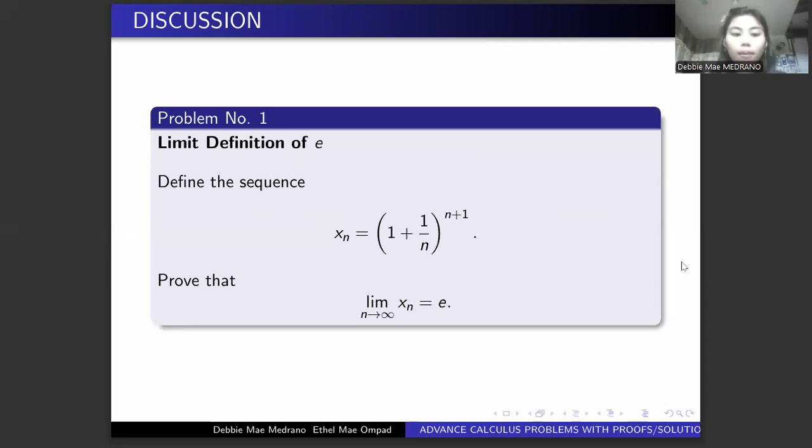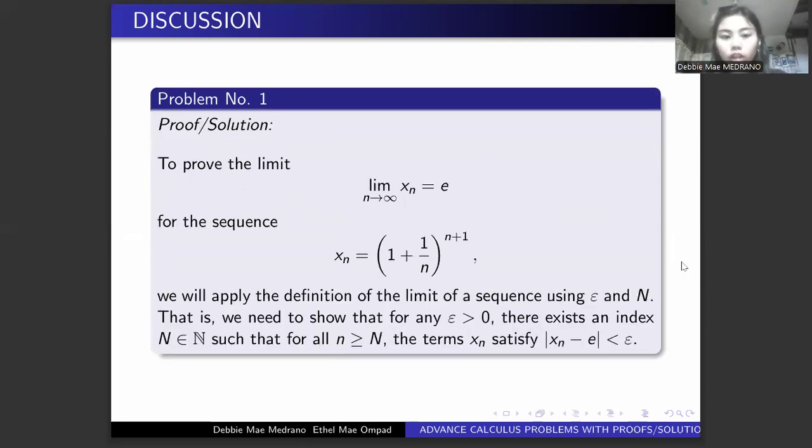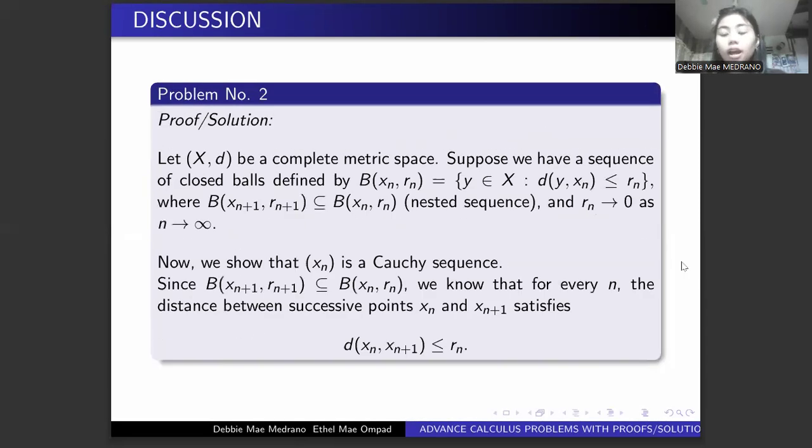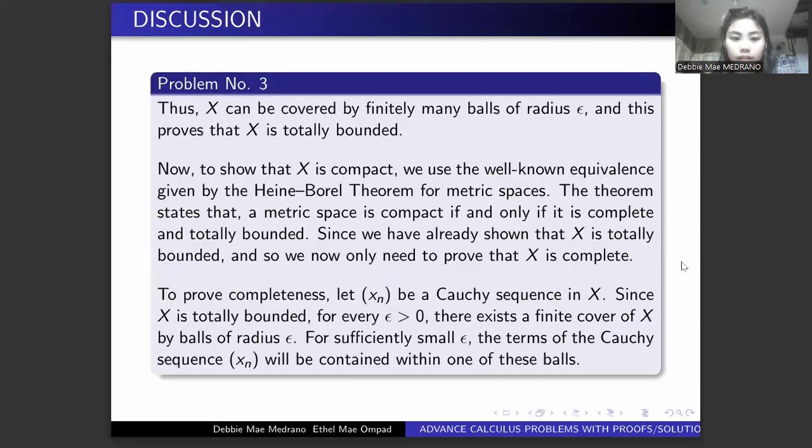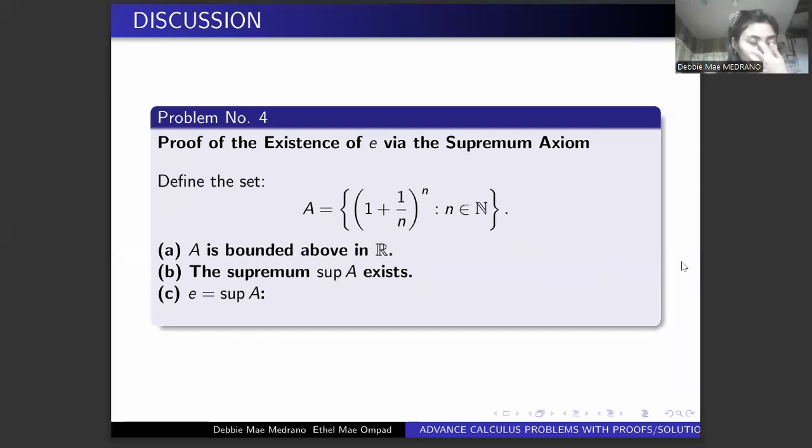Problems 1, 2, and 3 are going to be presented by my partner, Ethel May Ompad. So problems 1, 2, 3 are my partner's, while 4, 5, 6 are mine. We'll just go ahead with it.